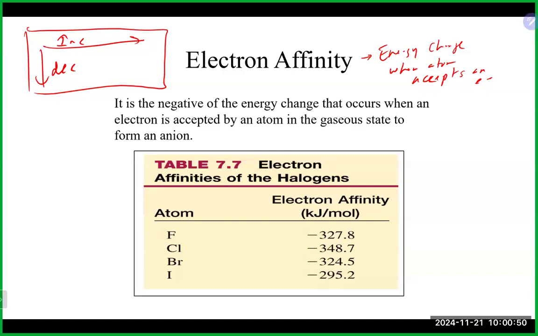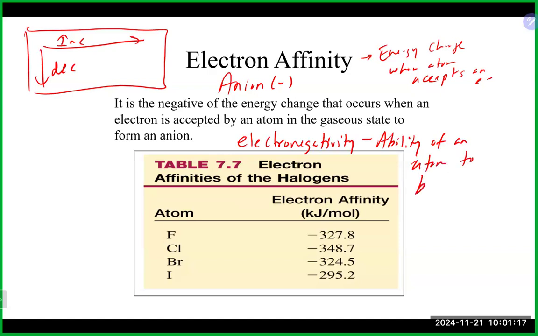Something with low electron affinity has a lesser chance of gaining electrons. Electron affinity is usually thought of when we think about anions, because they gain electrons and become negatively charged. It should not be confused with electronegativity. Electronegativity is different. That's the ability of an atom to bring electrons towards itself.